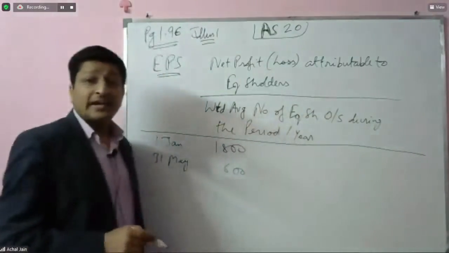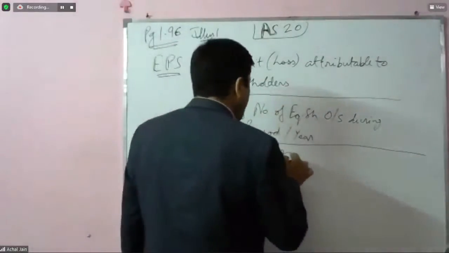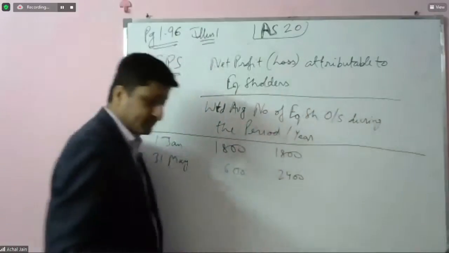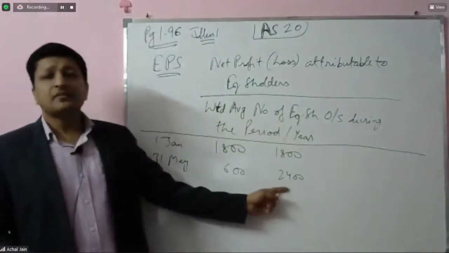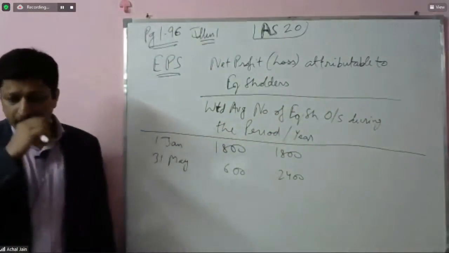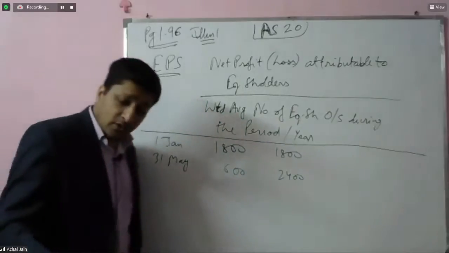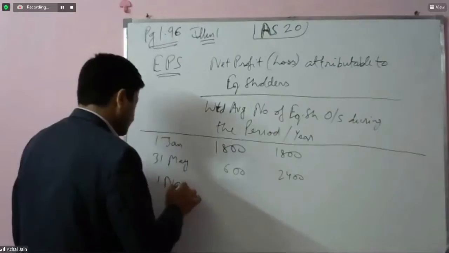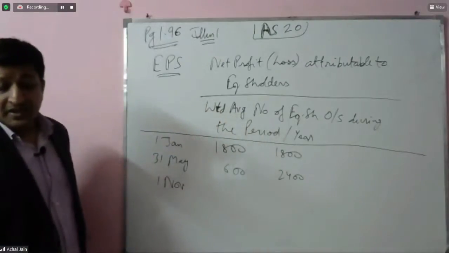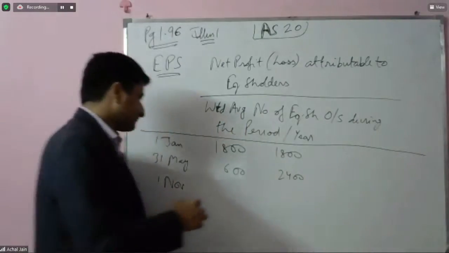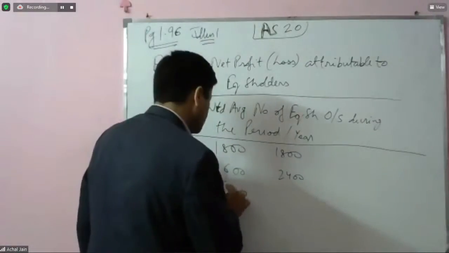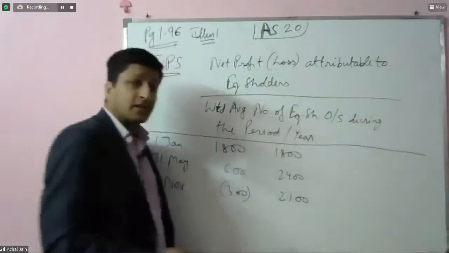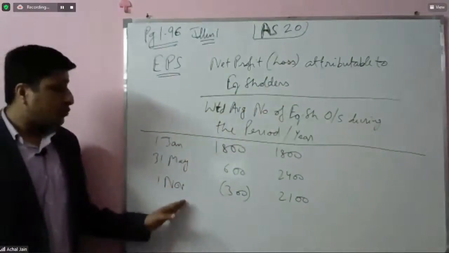So what is the cumulative number of shares? 1800 and here it became 2400. This is the cumulative number of shares. Then on 1st of November, 300 shares were bought back. So now the cumulative number of shares became 2100, and it stayed up to year end.